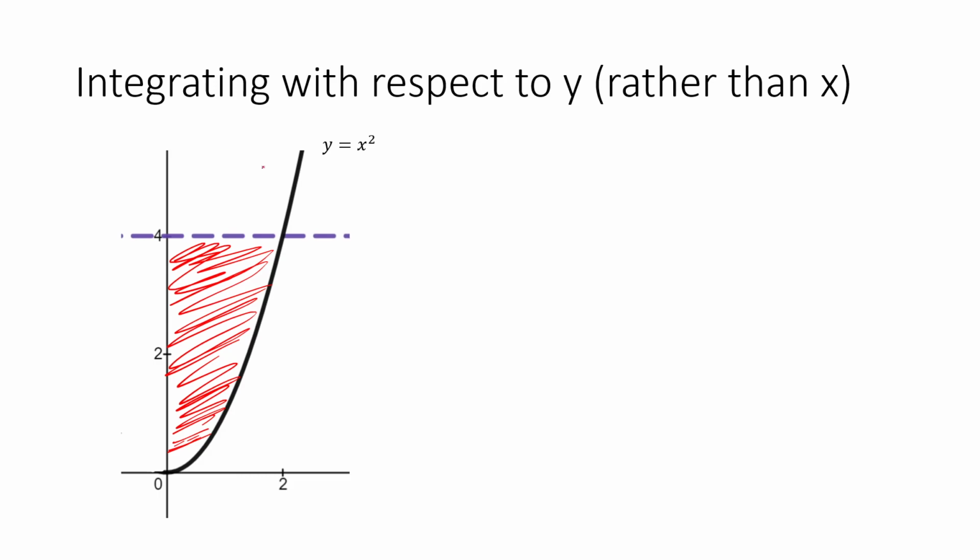So, using what we just saw, we could do top minus bottom. And let's actually do that so we can get the answer. So the top function in this case would be y equals 4. Just a horizontal line. And then the bottom function, of course, is x squared. And we would integrate that from 0 to 2.